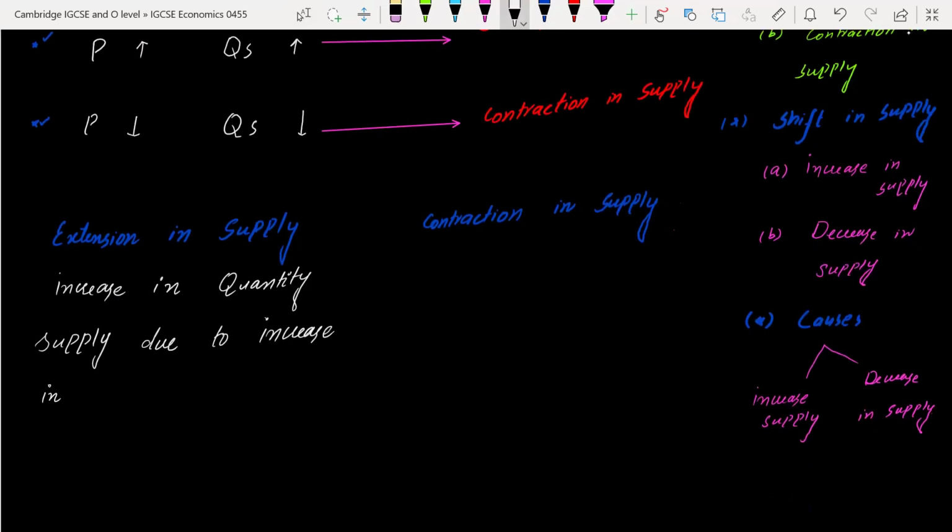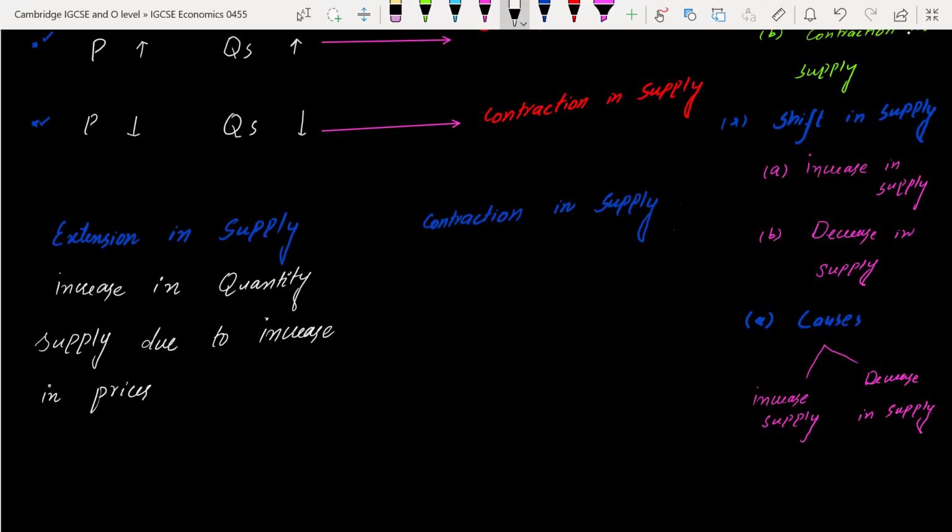Increase in prices is the most important word in this definition, meaning the change in supply is happening due to change in price. That's why we call it extension in supply.